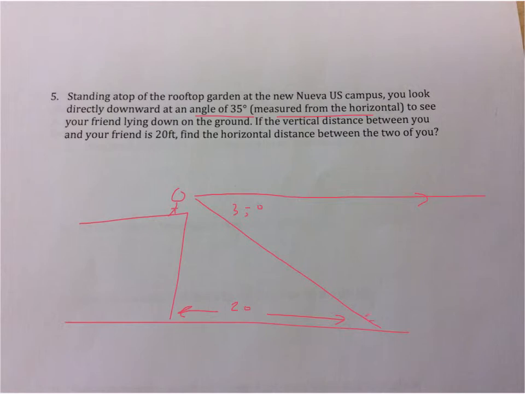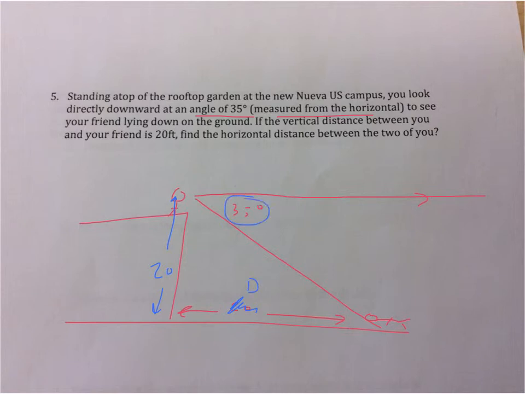So here's your friend right here. And the question is, this distance is 20 feet, the vertical distance between you and your friend, and you're trying to find that distance there.